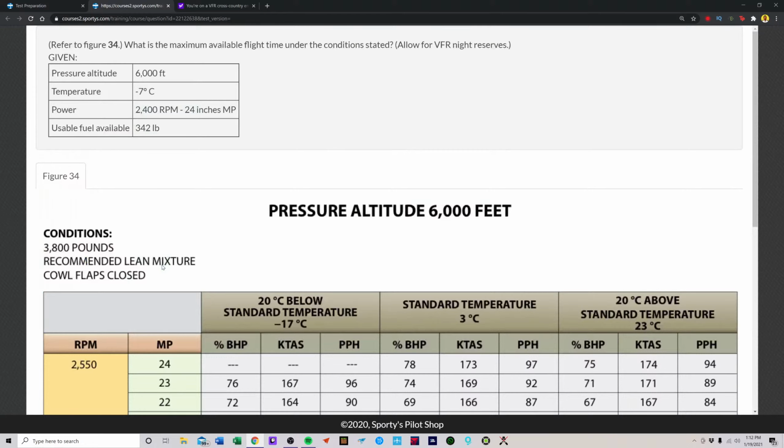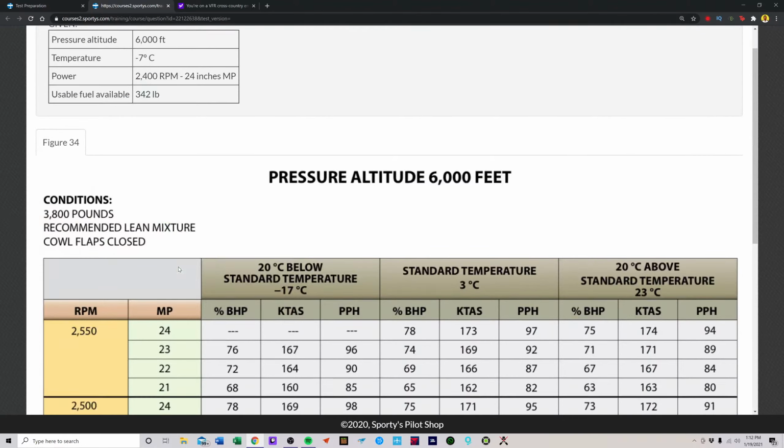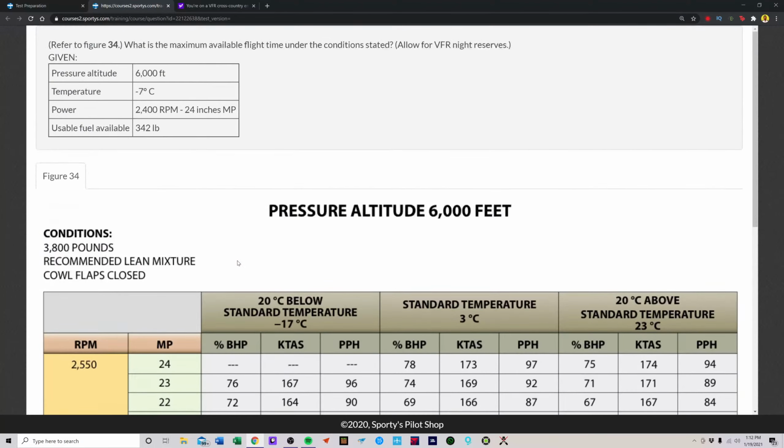Alright, found it. 6,000 feet. Ooh, temperature. Minus 7 Celsius. Minus 7. 20 Celsius below standard temperature. Minus 17. Says here. Alright. What are they asking?